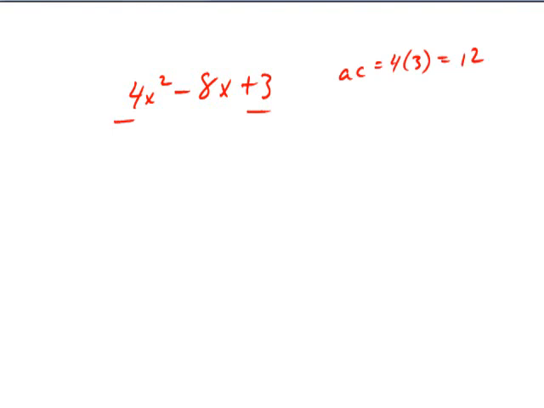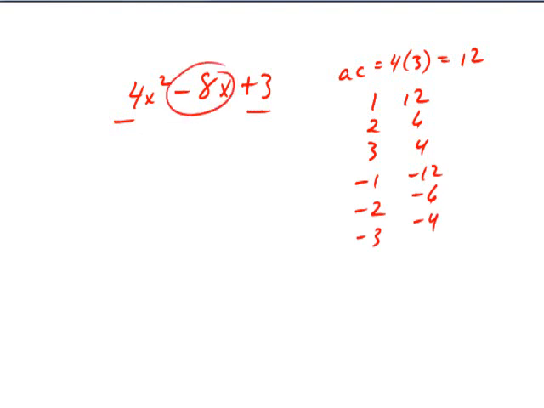So if we list all the factors of 12, 1 times 12, 2 times 6, 3 times 4, or negative 1 times negative 12, negative 2 times negative 6, negative 3 times negative 4, the middle term is negative 8x, so we want a sum of negative 8, which we can get from negative 2 and negative 6.